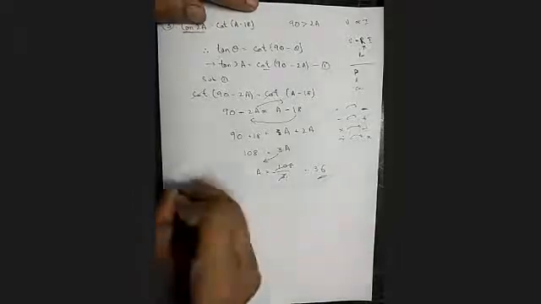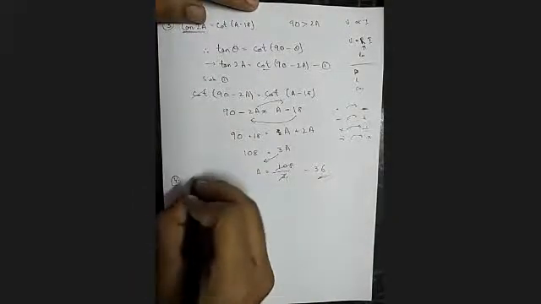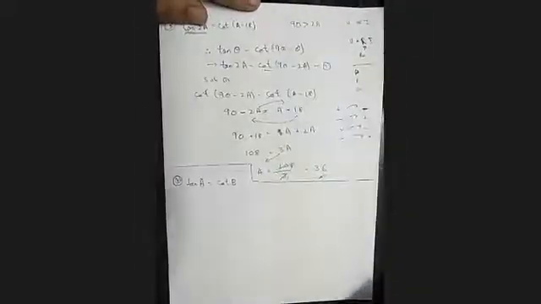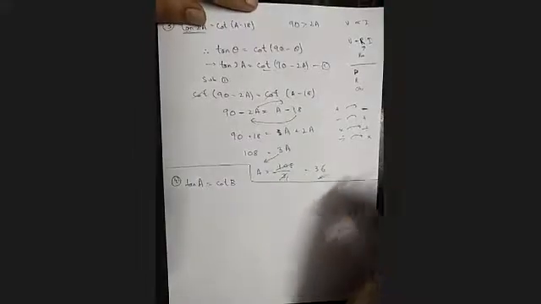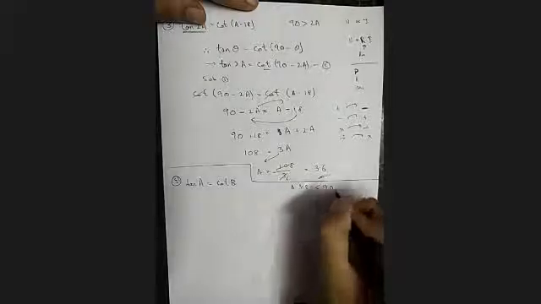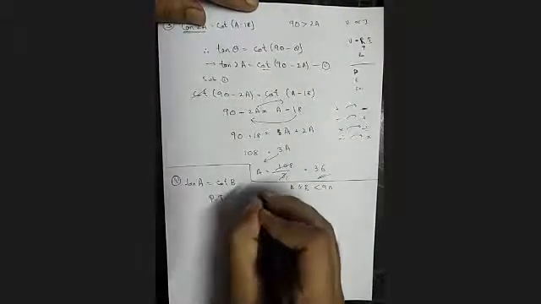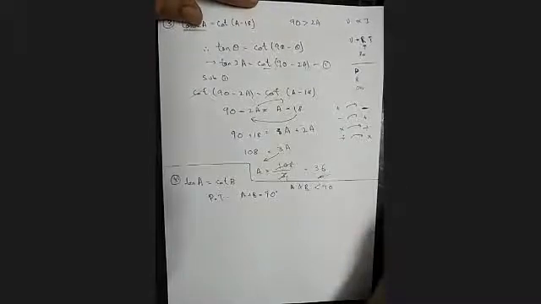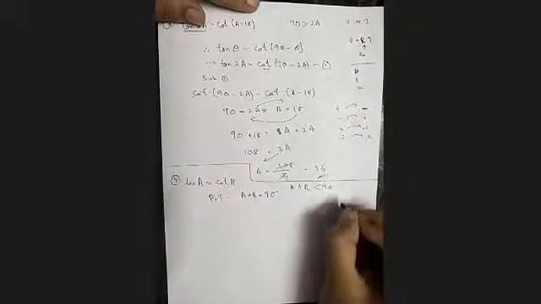Now, if tan A is equal to cot B, where A and B are acute angles, A and B are less than 90, you have to prove that A plus B is equal to 90 degrees.